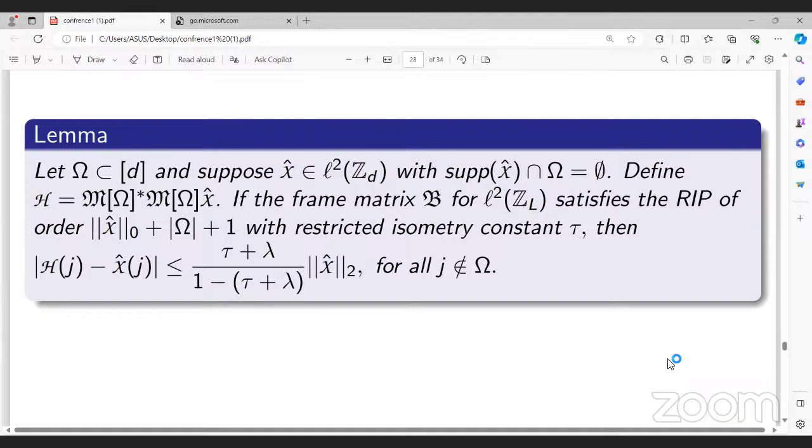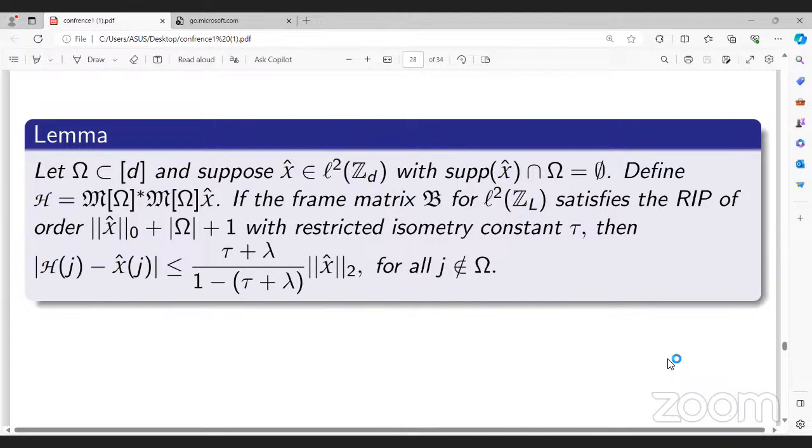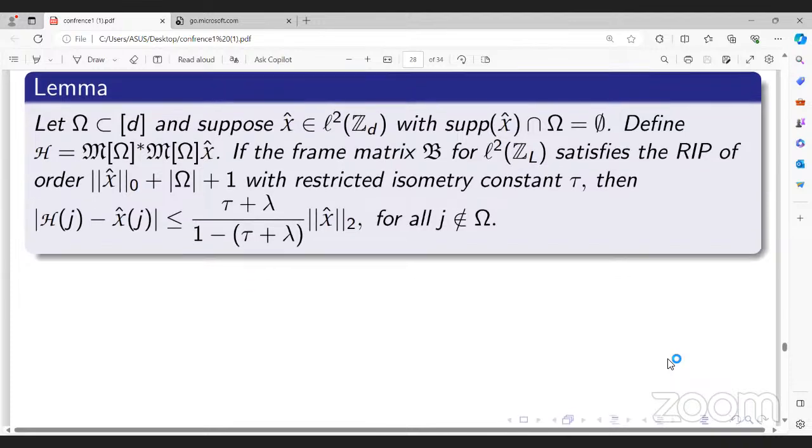If the frame matrix B for L2(Z^L) satisfies the RIP of order x naught plus the cardinality of omega plus 1 with isometric constant tau, then the absolute value of hj minus x cap j is less than or equal to tau plus lambda upon 1 minus tau plus lambda times the norm of x cap, and this holds for every j not in omega.